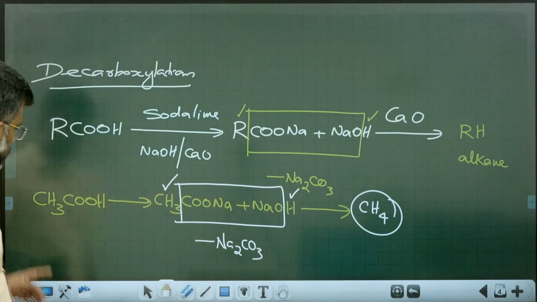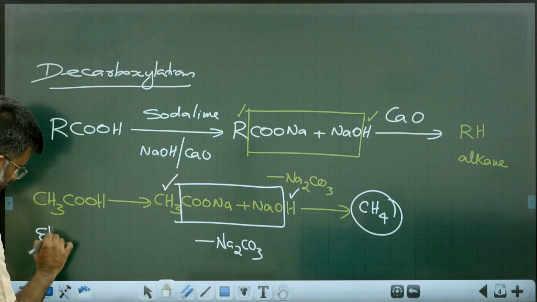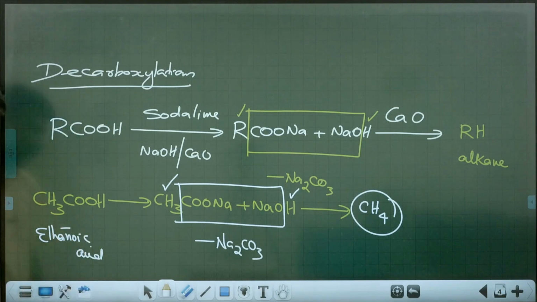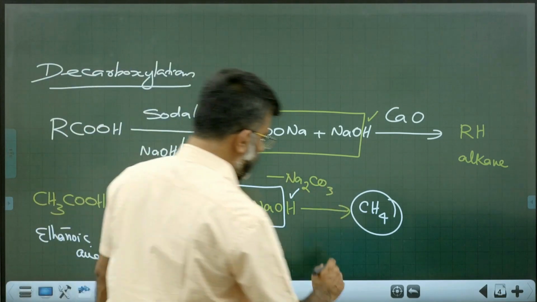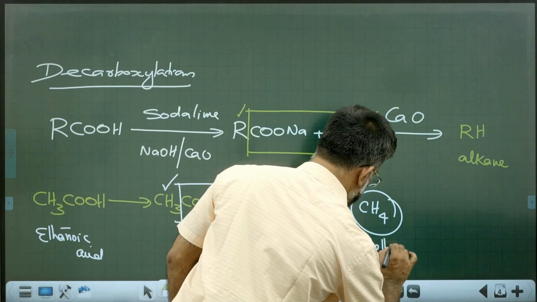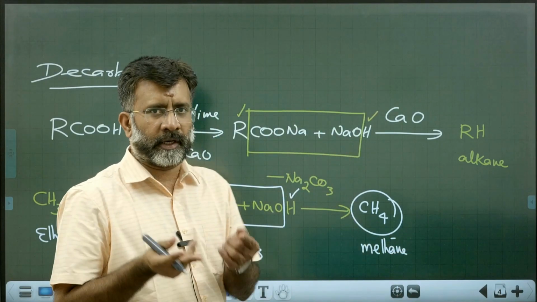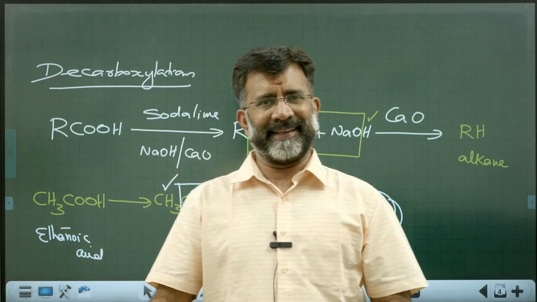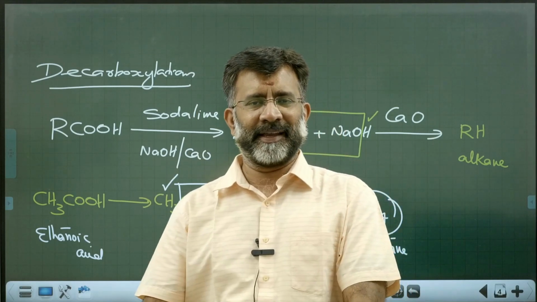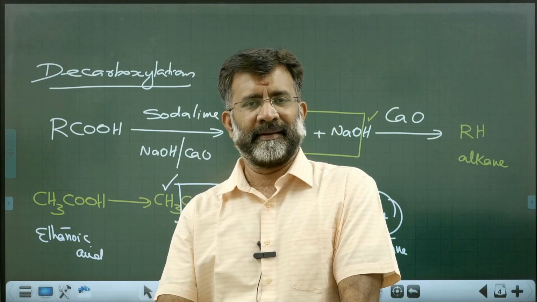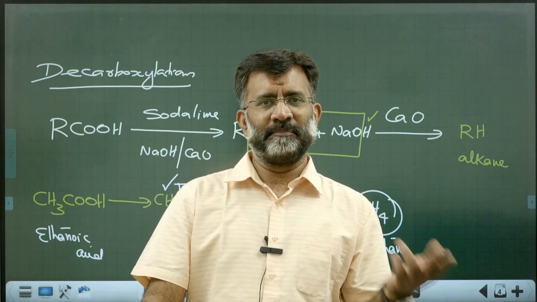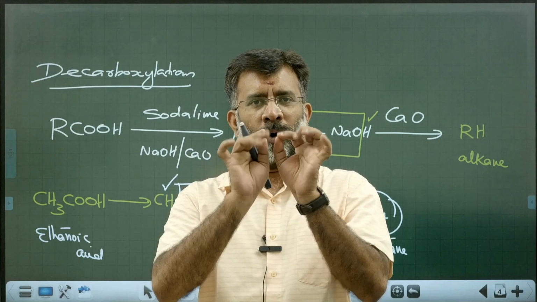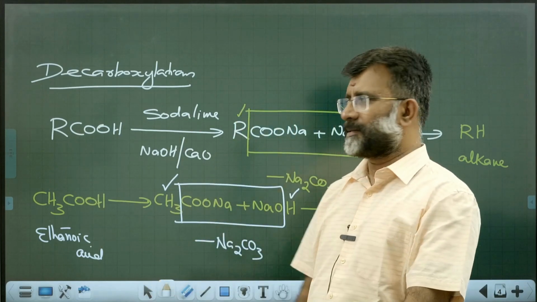We started with ethanoic acid and the product is methane. So ethanoic acid, you get methane. Propanoic acid, you get ethane. Butanoic acid, you get propane. Pentanoic acid, you get butane. Whichever acid you take, that COO is removed, and you get the resultant product.